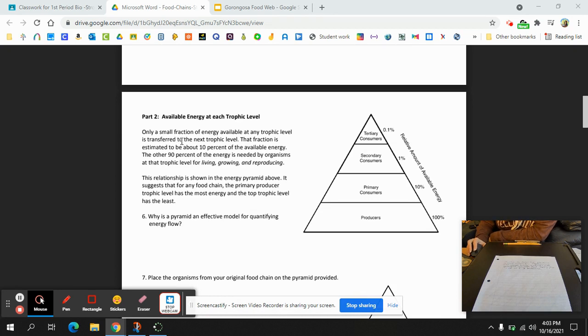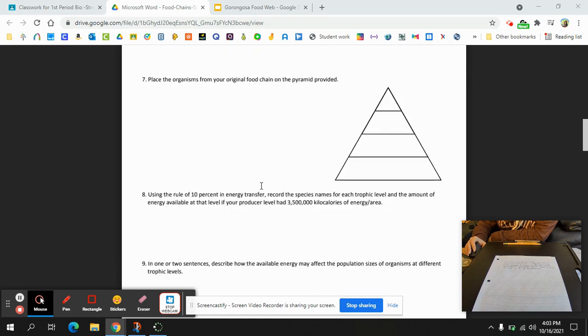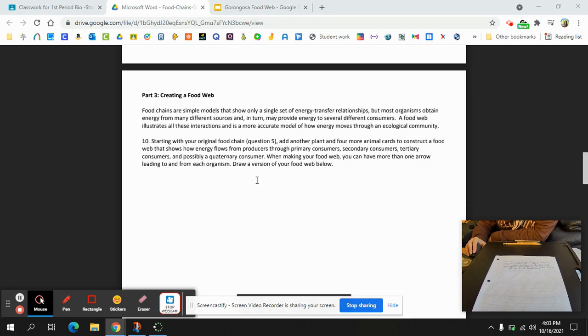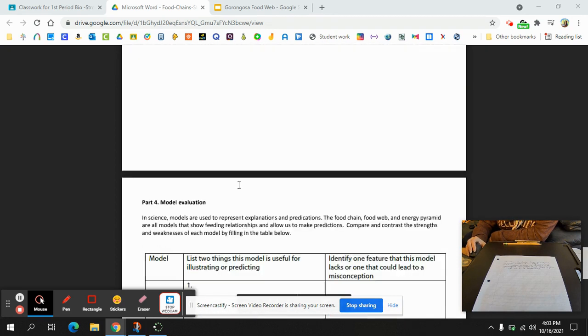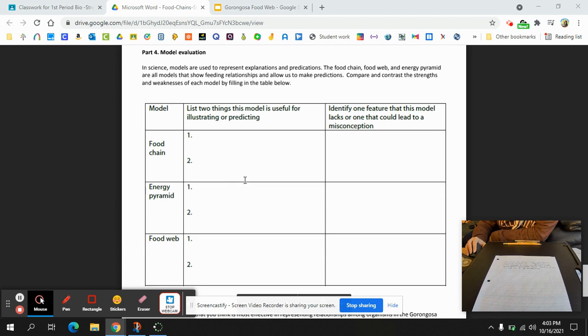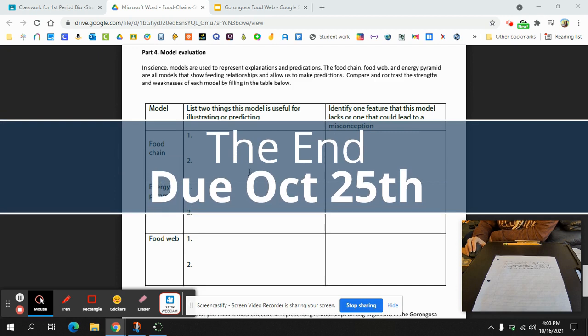You may get a little further in it or through it because it builds upon the last part 1. Part 3 should take you about 35 to 40 minutes as well. And part 4 is probably the one that is going to take you the least amount of time, but I still think it will take roughly 30 minutes. So make sure that you divvy out your time to have it completed by Monday the 25th.